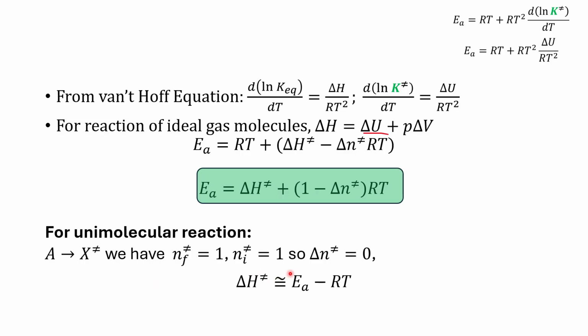So if delta n equals 0, the delta H for a unimolecular reaction can be approximated as the activation energy minus RT. This is the same as the one that we have seen just now in the previous slide.